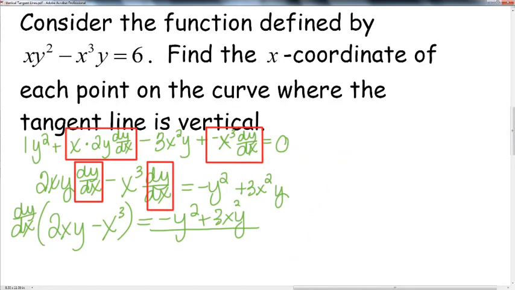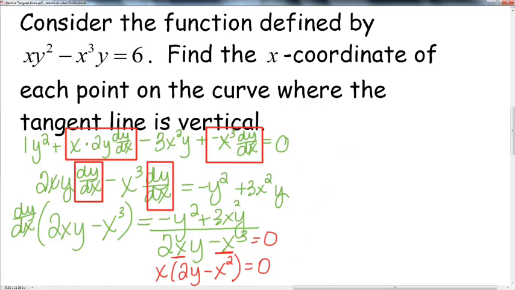And then I'm going to divide by 2xy minus x to the third. And I'm going to set that denominator equal to 0. And I hope you notice that I can factor out an x. So I'm going to factor out an x. So I have x times 2y minus x squared is equal to 0.